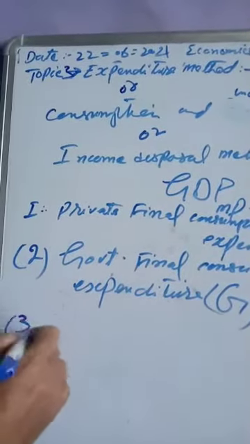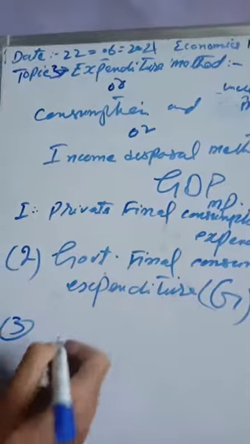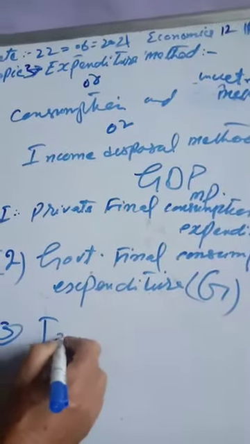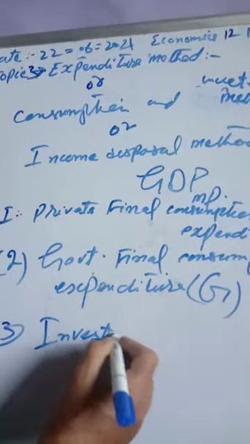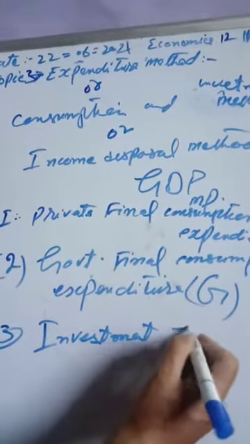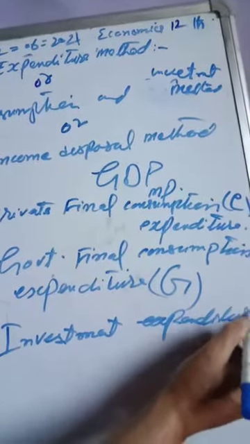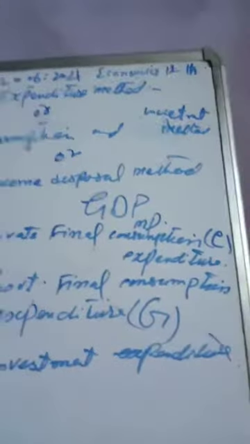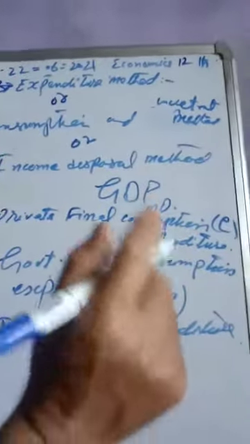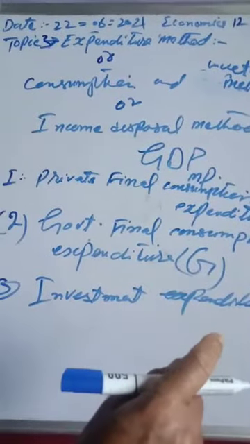And number 3 is investment expenditure. It refers to the expenditure on the purchase of final goods by the producers.